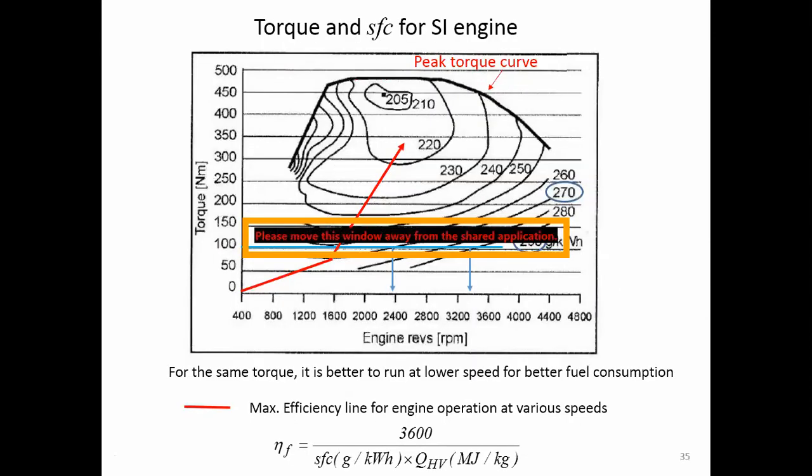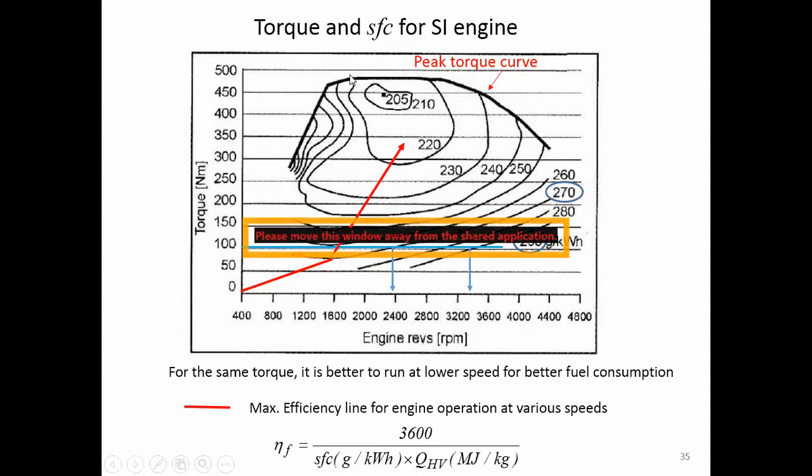Apart from power, they can change from power to torque, so we have another fuel consumption map in terms of torque and also the SFC. In here we have the torque, and here we have the engine speed. Also we have a contour line for each SFC.